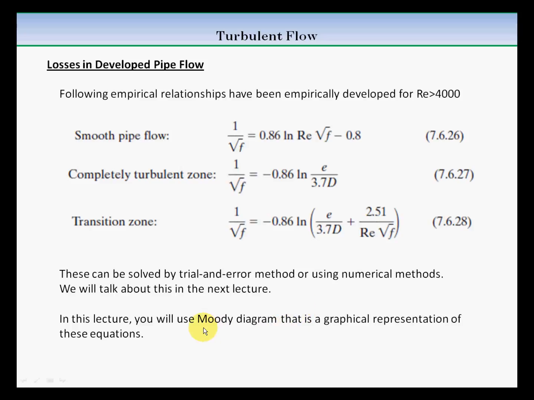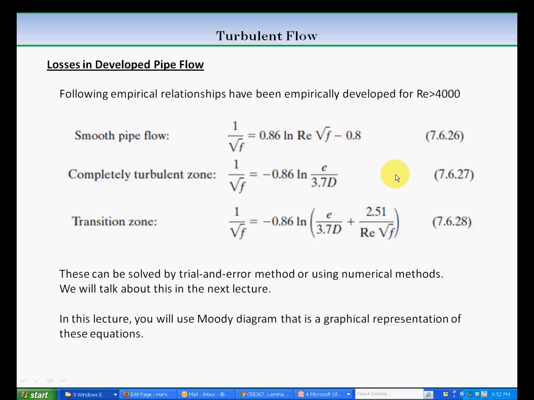In this lecture, you will use the Moody diagram to solve a couple of problems, and I will show you how to use it. The Moody diagram is these equations plotted on graph paper.